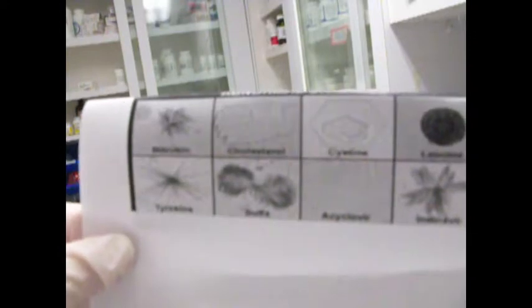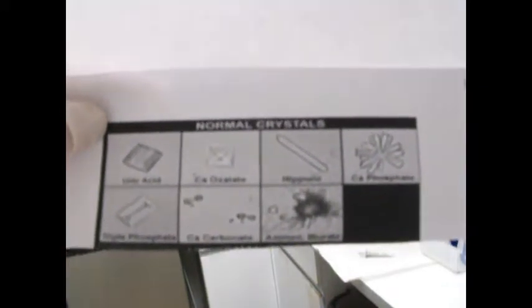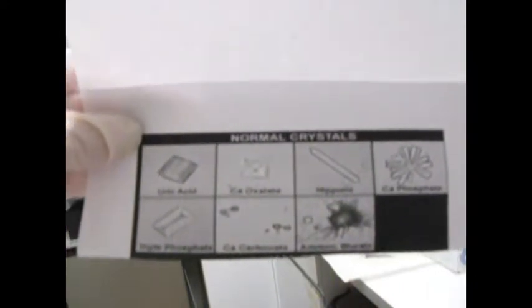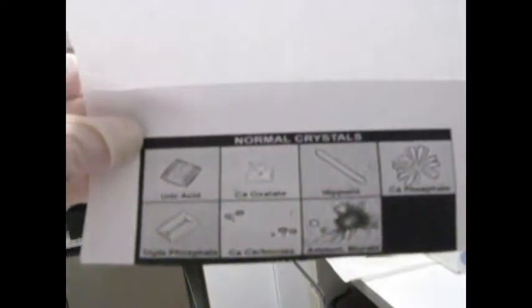Here are some examples of abnormal crystals. These can cause a lot of problems in a patient: bilirubin, cholesterol, cysteine, leucine, sulfa, tyrosine. Again, these quote-unquote normal crystals can also cause problems in the patient. Some patients are asymptomatic with them. Different diets can help aid or destroy these crystals.